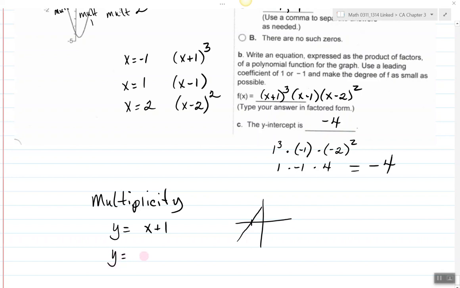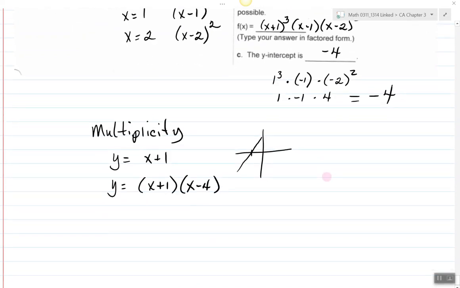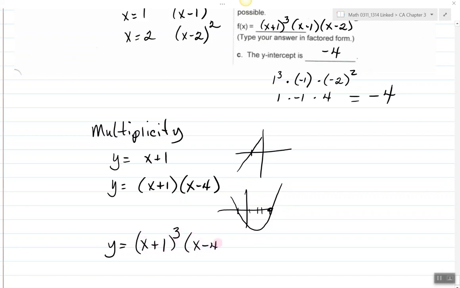Even if it was x plus 1 times x minus 4. There's minus 1. There's 4. Single passes through smoothly. But if you had y equals x plus 1 cubed times x minus 4.